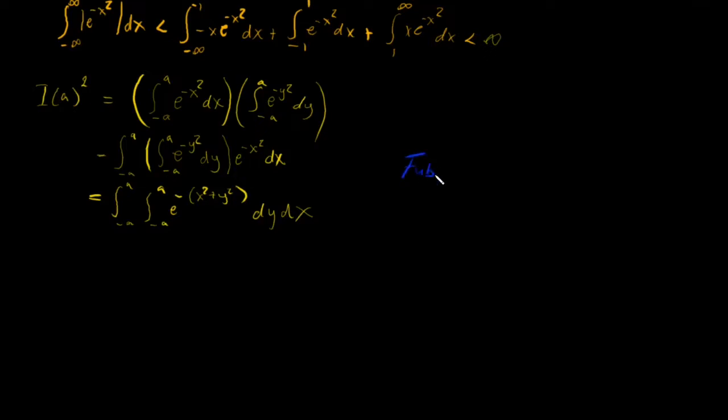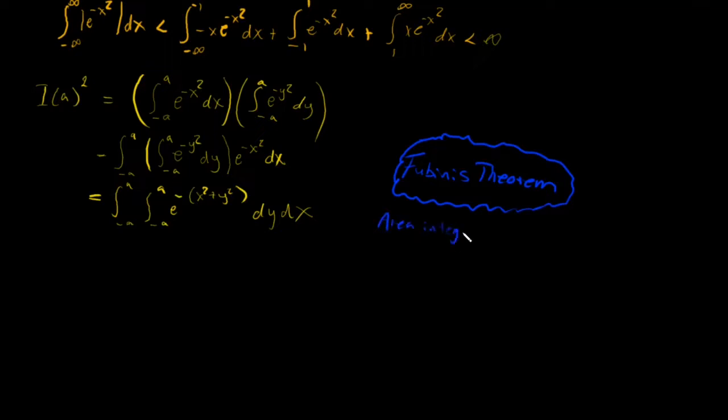And then we can use something called Fubini's theorem, and the above double integral can be seen as an area integral. So this is the double integral, and then you write square brackets, put negative a, a, and then you cross it with the exact same thing.